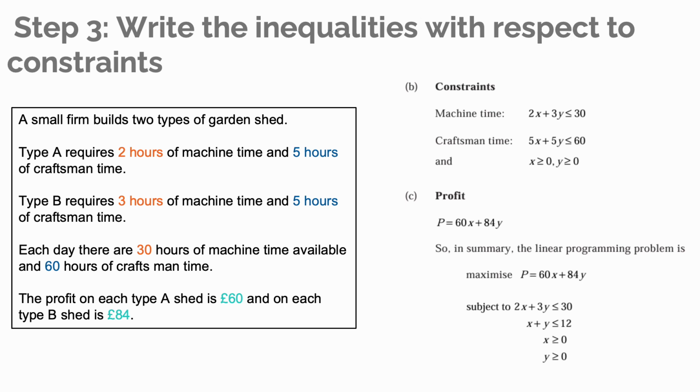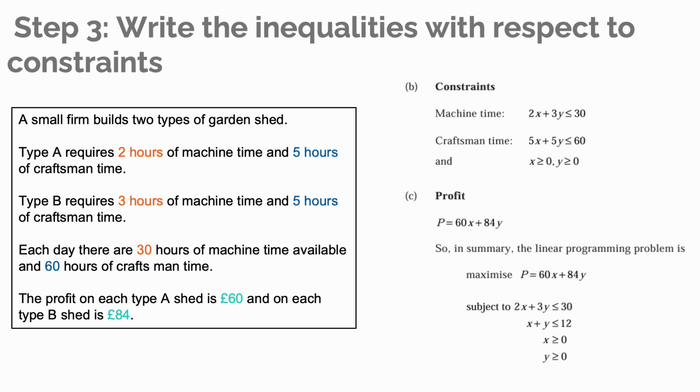So in summary, this equation for profit and the 3 inequalities are going to be our constraints for us to formulate our inequality problem. So we have P equals 60x plus 84y. Since it is profit, every production line would like to maximize it.